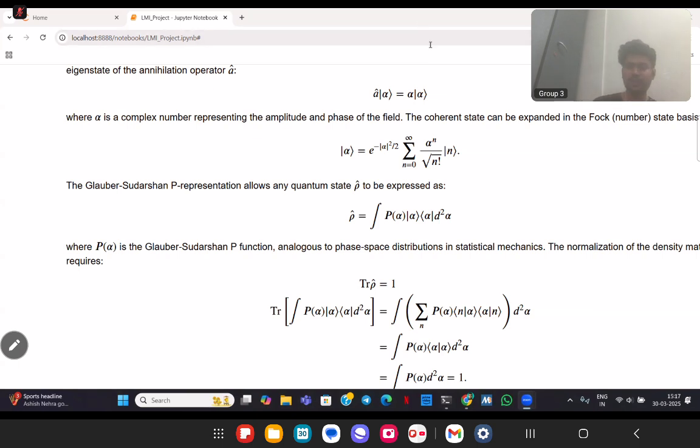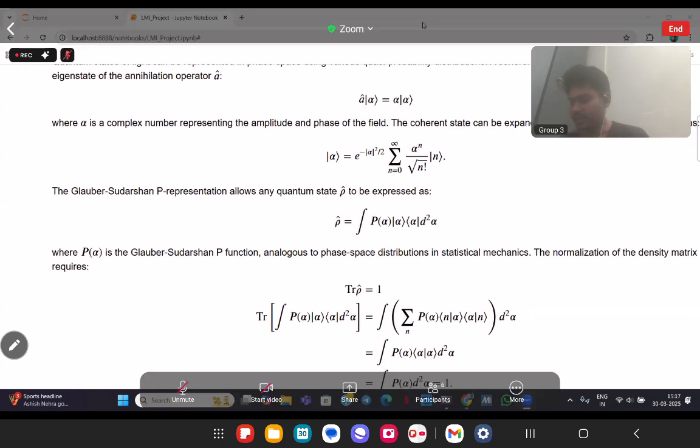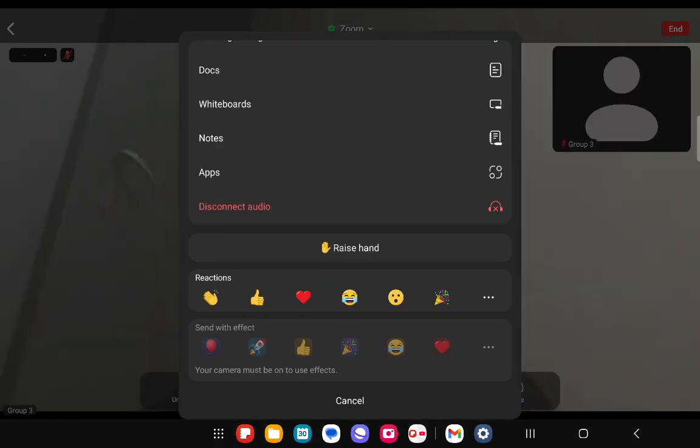This comes from requiring that the trace of rho is equal to 1. So let me just derive it.